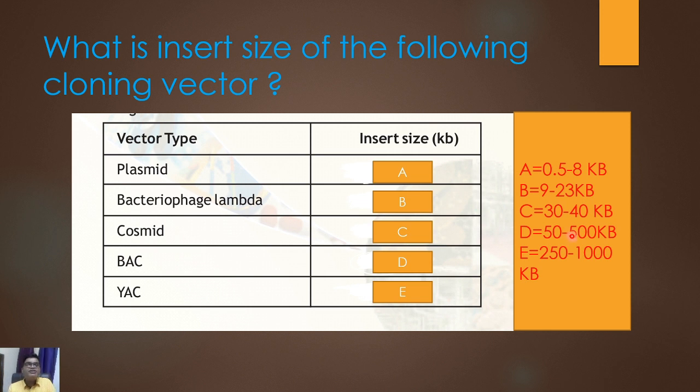In that situation, you will select the bacterial artificial chromosome or yeast artificial chromosome, which have high insert capacity and clone larger DNA fragments. But if you want to clone smaller DNA fragments, then you must select plasmid or M13 vectors.